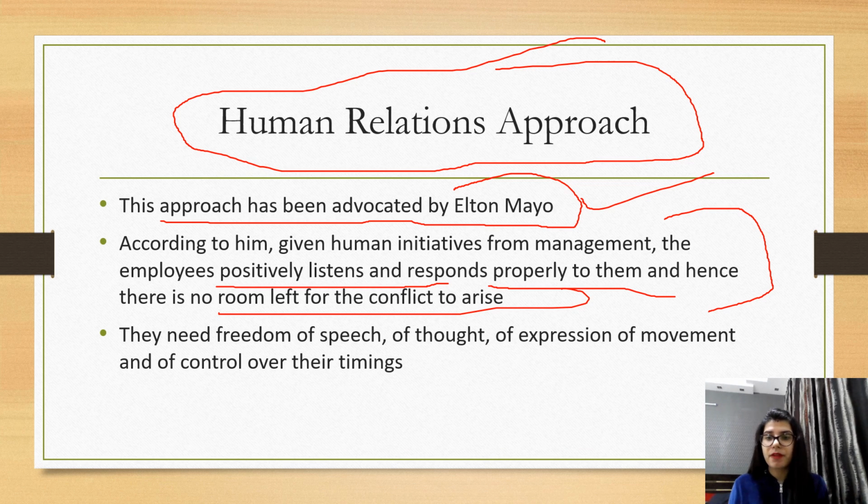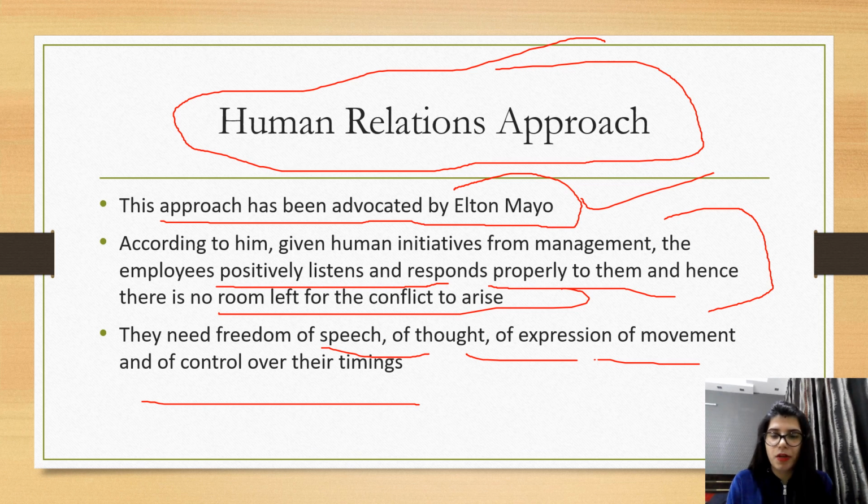So we should give the workers the freedom of speech, the freedom of thought, the freedom of expressing themselves, right. And they have said that they need freedom of speech, thought, expression, movement and control over their timings, okay. So this is what the human relations approach has said.